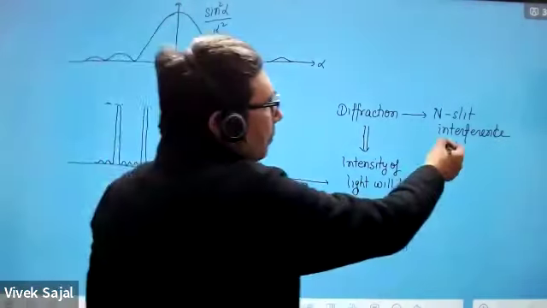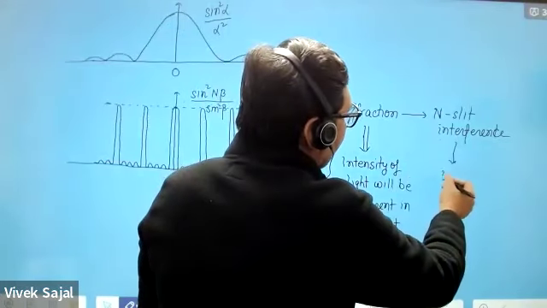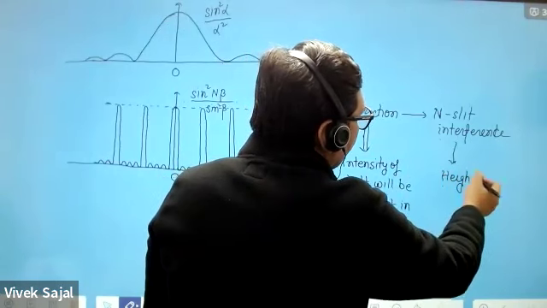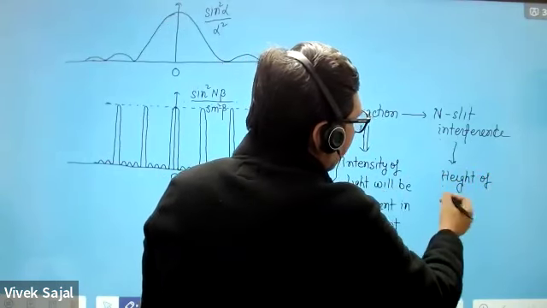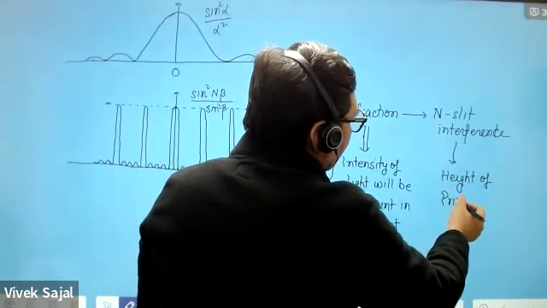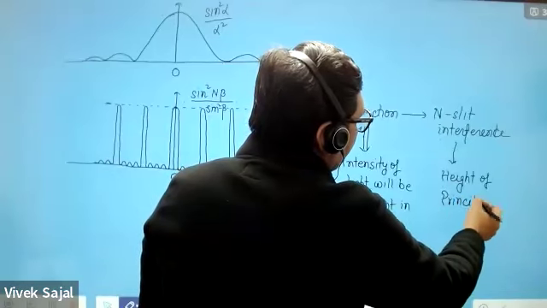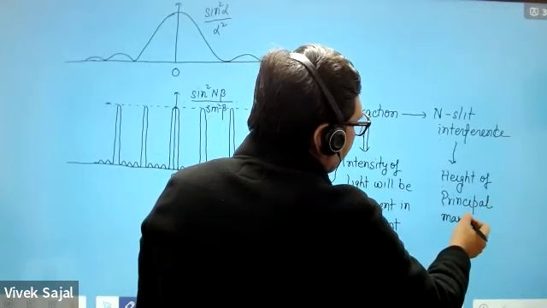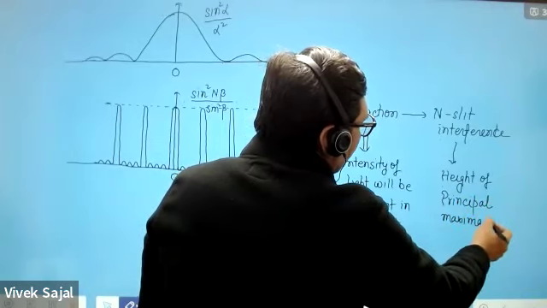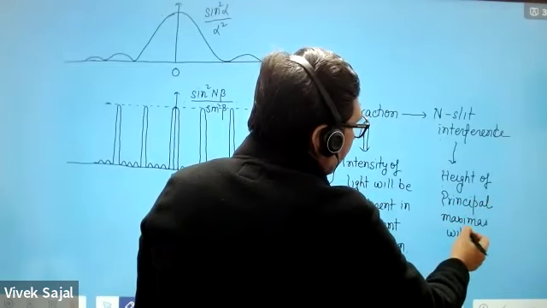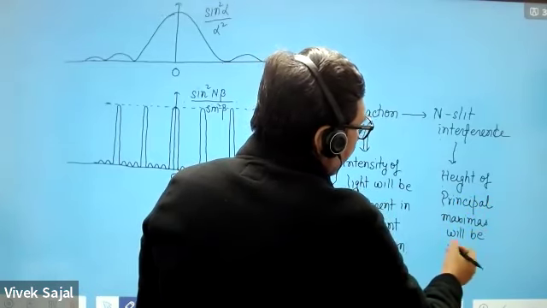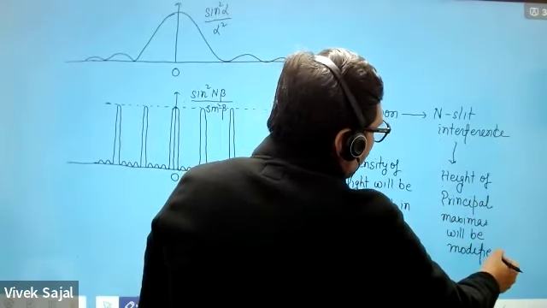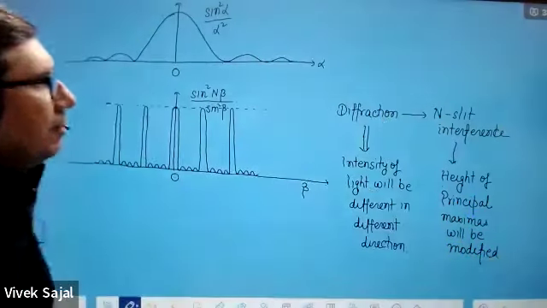So what is going to happen in interference? The height of principal maximas will be modified in different directions.